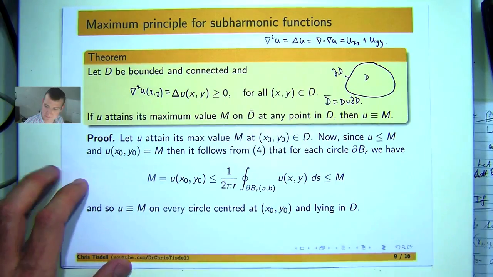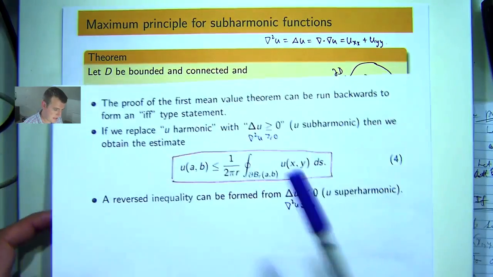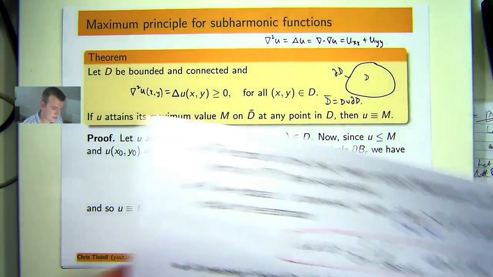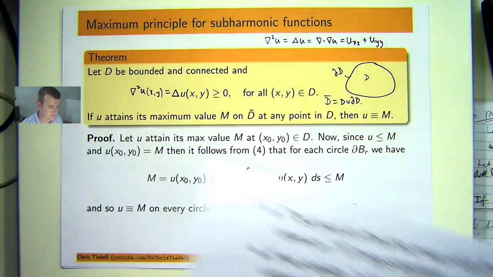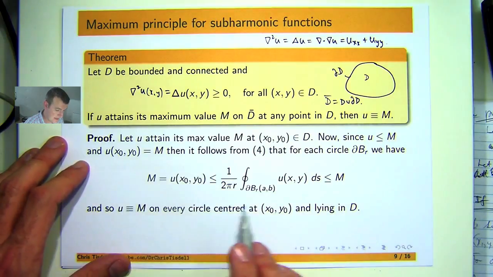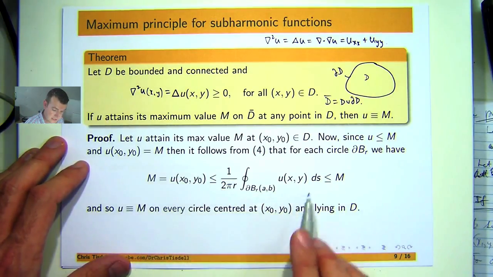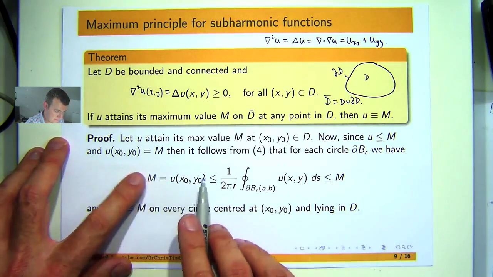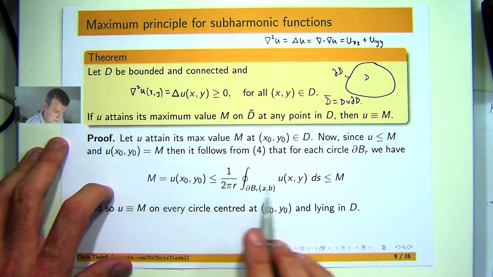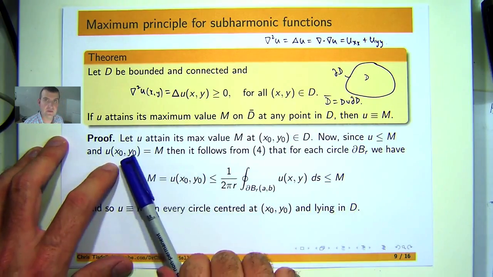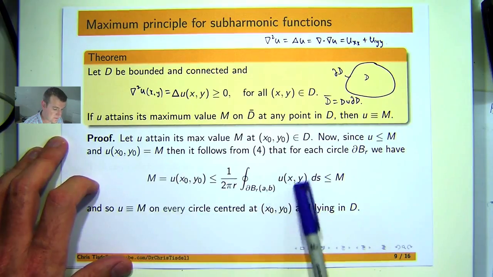Now, if we start with this inequality here, essentially you're replacing a and b with x naught and y naught. Then it follows that this holds. This is equal to m, and from inequality 4 you get this. Because this is the maximum value of u, u is always less than or equal to m.